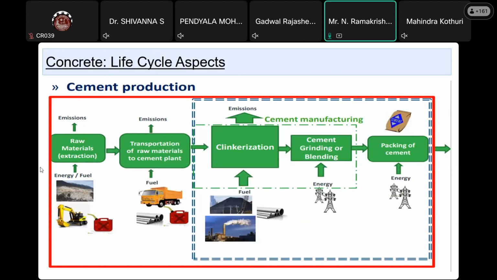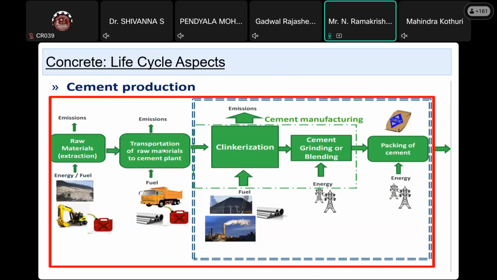The first one is, sorry, not grave, cradle to gate. So this is the raw material extraction. This is the energy. This is the mine. So some energy or fuel is required to extract the ore or mineral from there. Extraction of the raw material. Some emission is created. In the first step, emission is created.